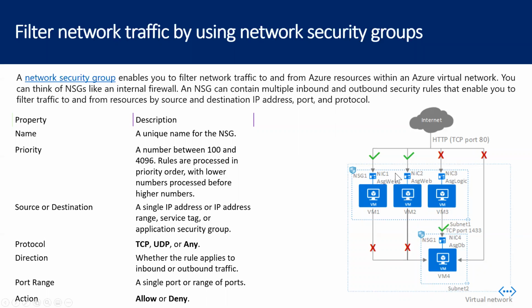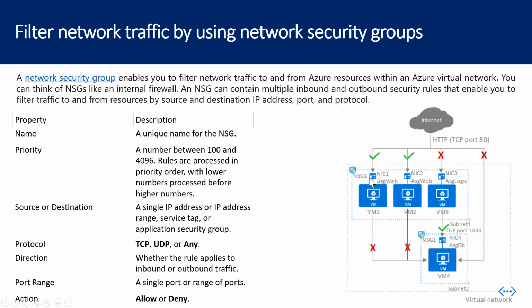From this subnet to this subnet, I don't want all the web front ends to talk. Only a limited web front end can talk to this database. So I have a set of rules. Rules can be defined depending on business use case or application use case. From the internet, in this example, I can talk to my virtual machine 1 and 2, but not 3, which means I can configure my network security group.